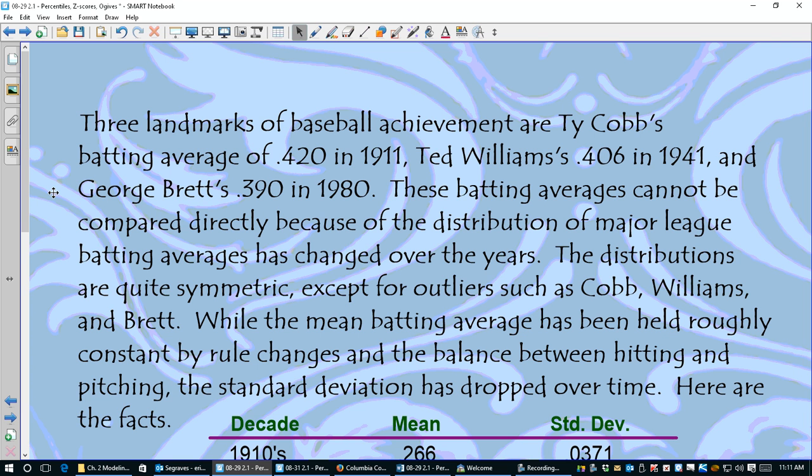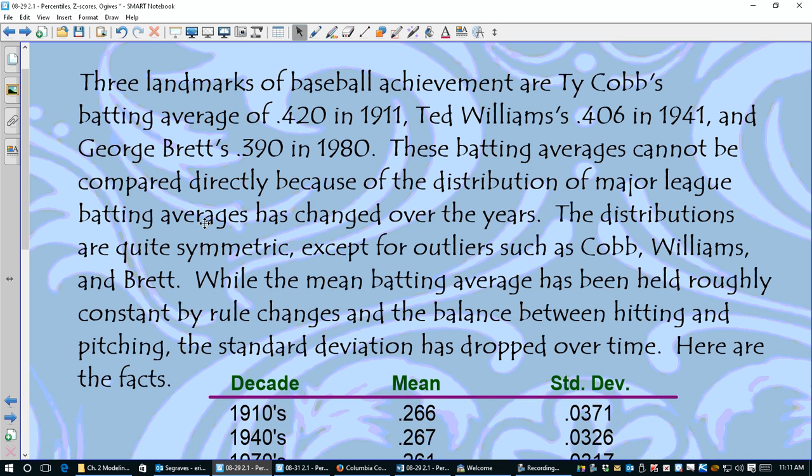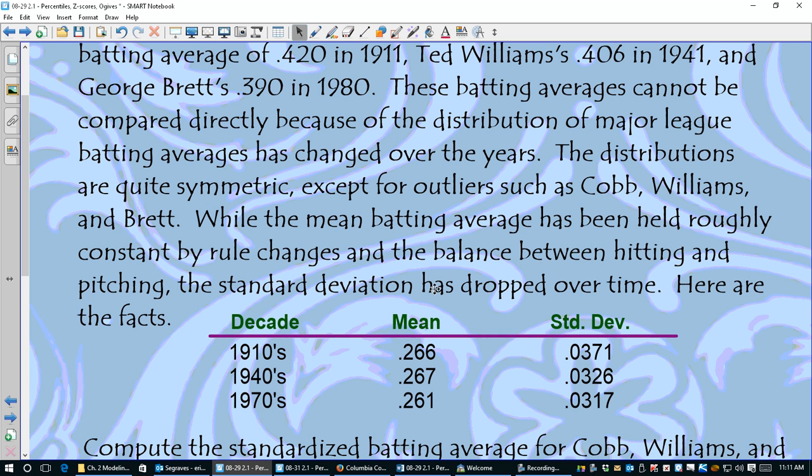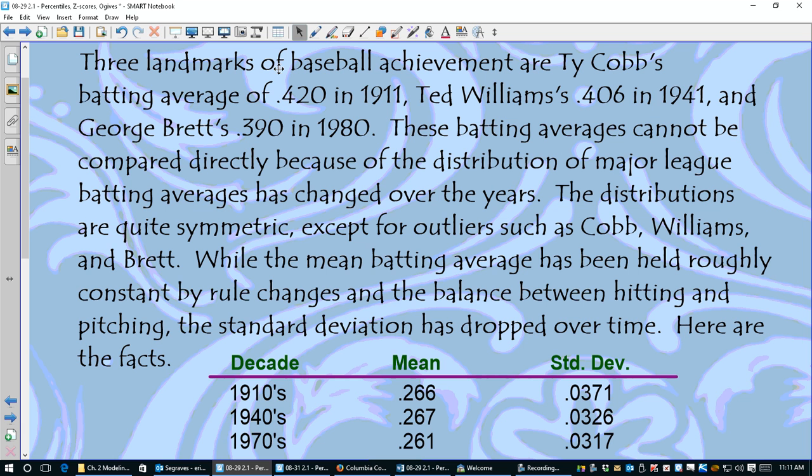So, another example: we've got 3 baseball greats, Ty Cobb, Ted Williams, and George Brett, and we're going to compare their batting averages. The thing is, they participated in the sport at different time periods. So even though I have Ty Cobb's batting average of .420, Ted Williams's of .406, and George Brett's of .390, which one is truly better?